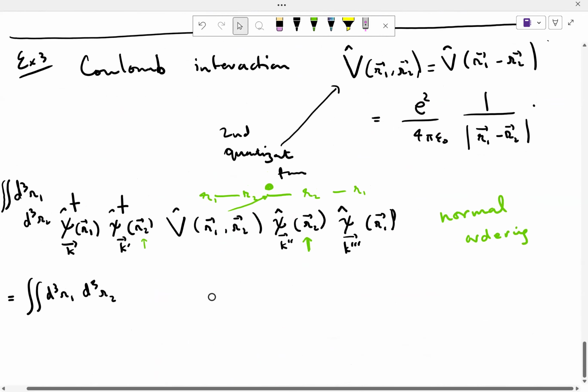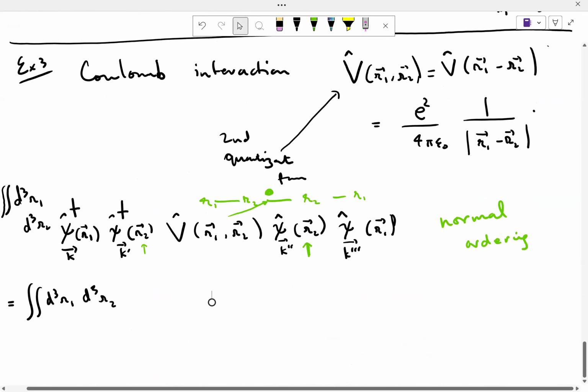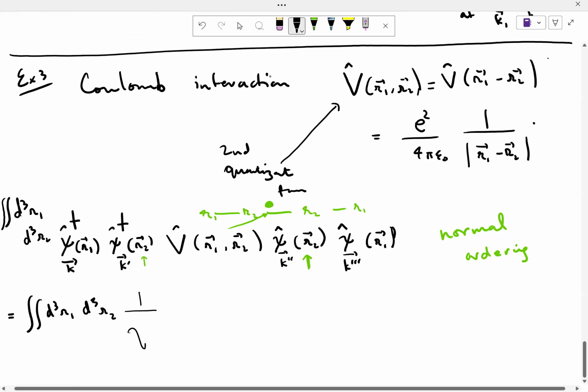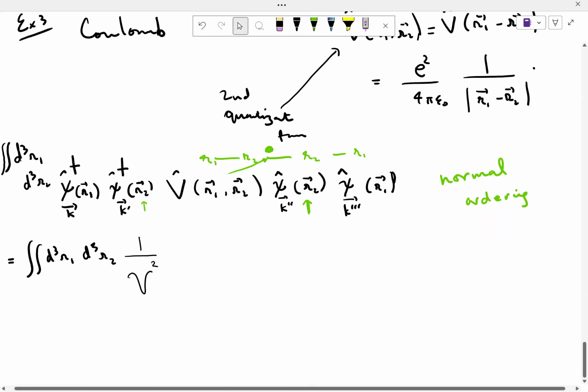So there are four 1 over square root of b. So first of all, I get 1 over b square. And then I need to sum up over all the k's: K, K prime, K double prime, K triple prime. So I need to sum up over all the k's.